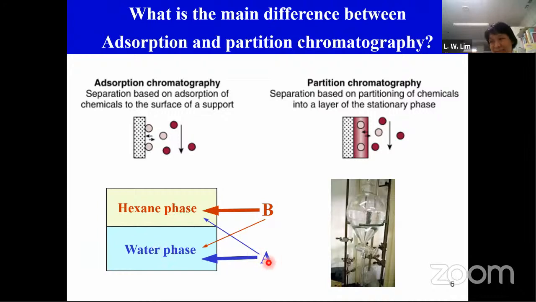But to some extent, it is almost impossible to achieve 100% in a certain water phase. So a small part of this compound A will be distributed, or what we call partitioned, into a small part of the organic phase, which is the hexane.